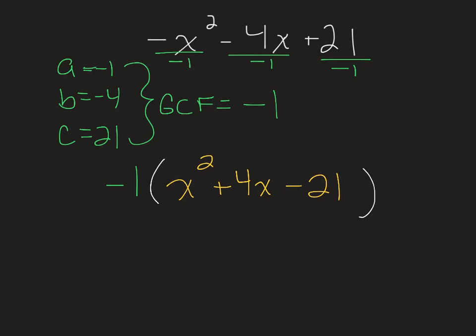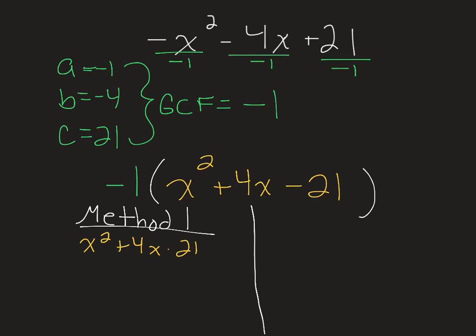Regardless of which method you are choosing, I'll show you both of them just to make sure you remember them. Method number 1, you are going to multiply to your constant term, which is this guy. So we want to multiply to negative 21, and we want to add to positive 4.